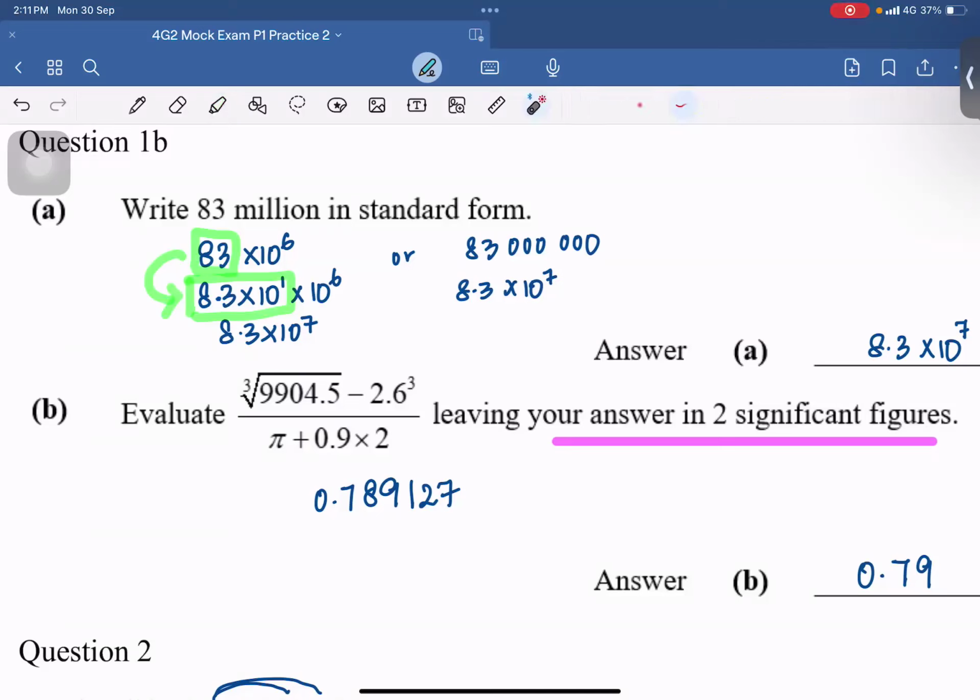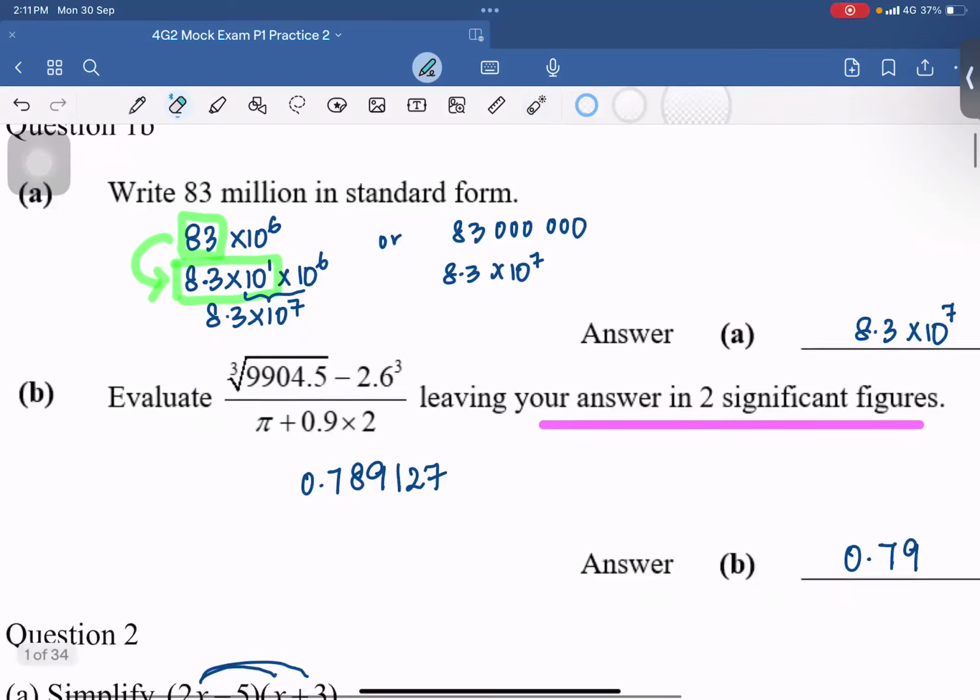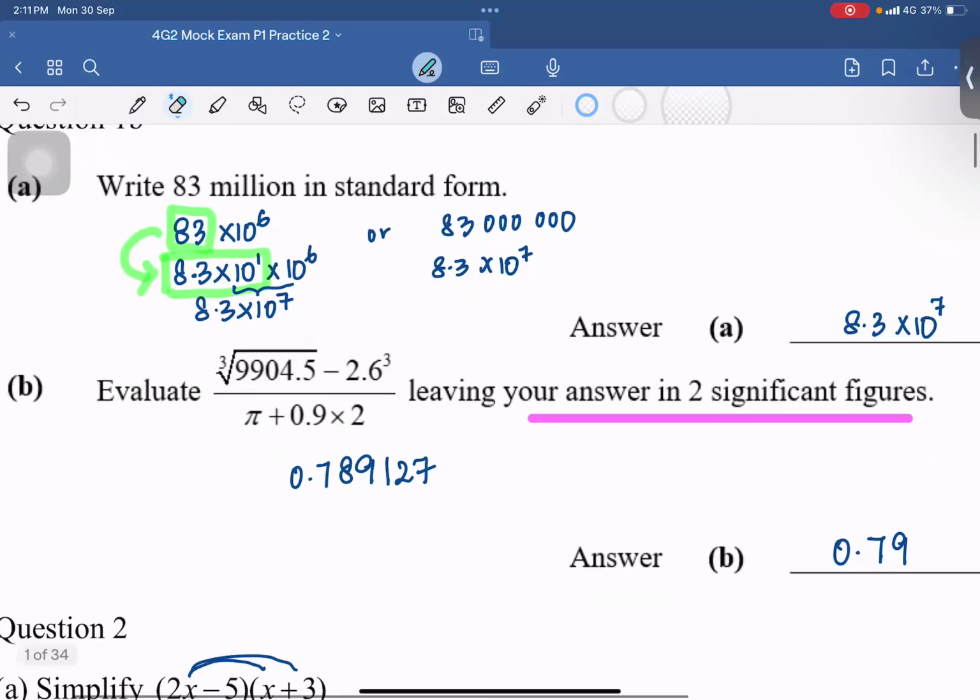Then 10 to the power 6 is still there. Now I have 8.3 itself and I combine these two portions together, giving me 10 to the power of 7. So please know how to write your answer for million and know what million is.